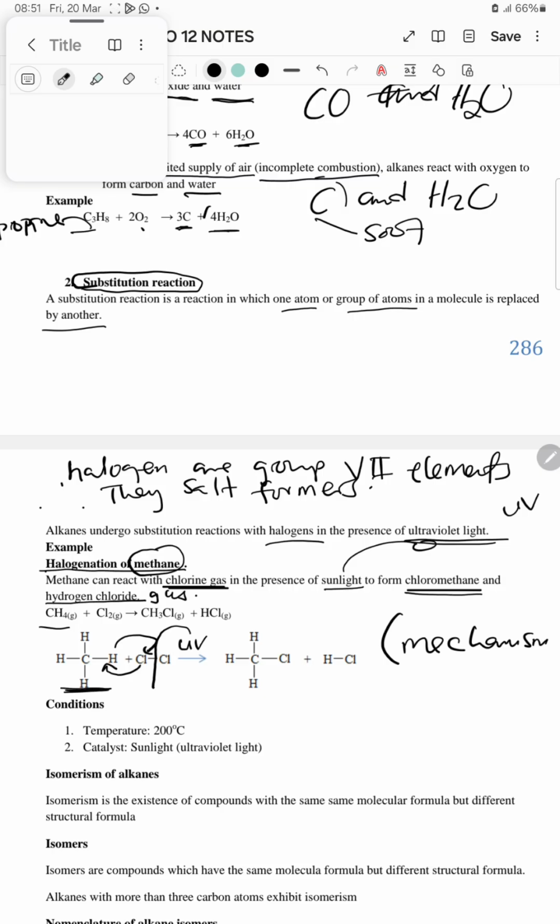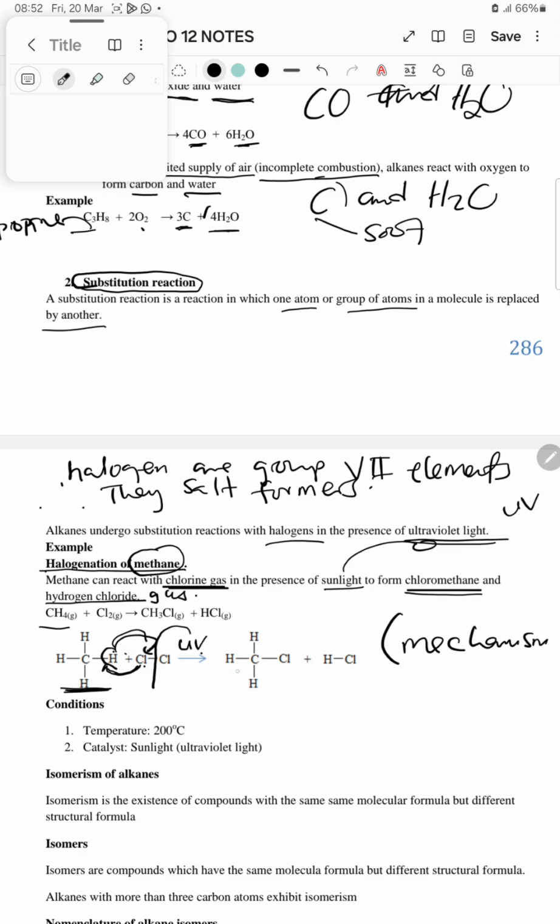Have you seen the arrangement which is there? We are saying when the UV comes, it will break the bond between these two. When it breaks the bond, this chlorine will come and substitute this hydrogen, and this hydrogen will go where the chlorine was.